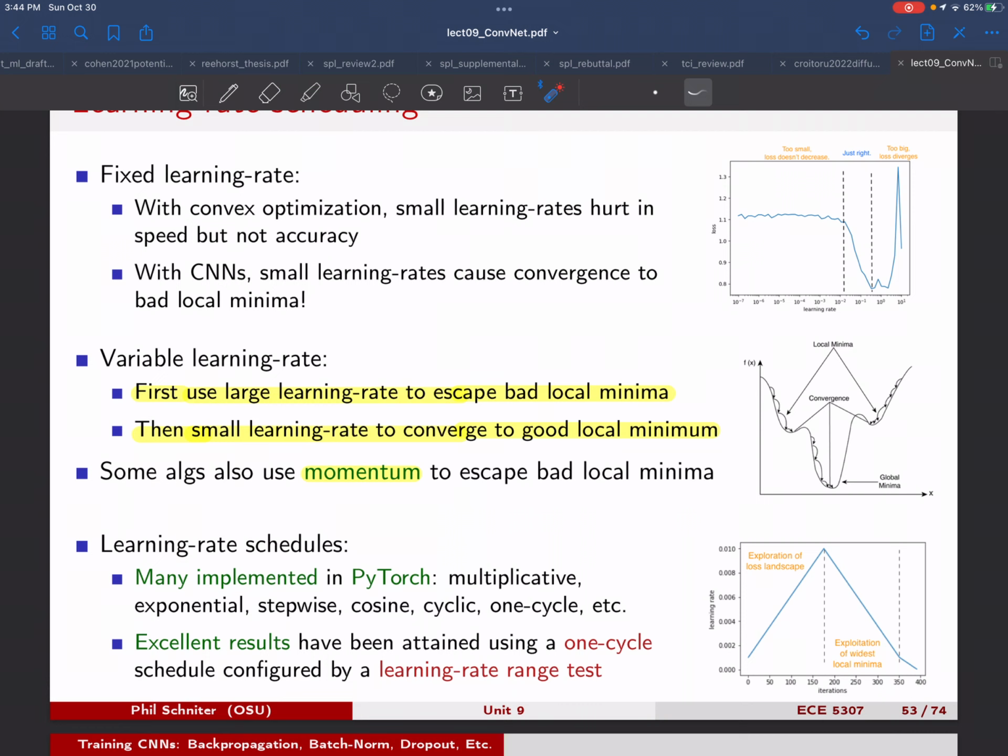Hopefully you bounce out of all the bad local minima, and then you gradually decrease it back to the initial value, and then there's one last stage where you make it really small and try to settle down wherever you found. If you carefully choose these two learning rates, which you can do with what's called a learning rate range test, then this is a very fast way to converge to a good local minima.